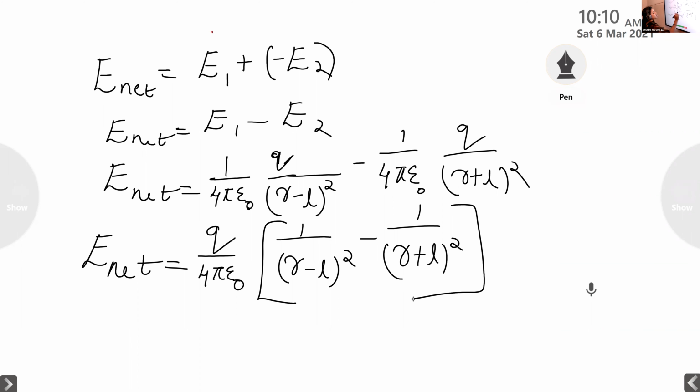Now we can cross multiply the terms inside the bracket. So what happens to the net electric field?